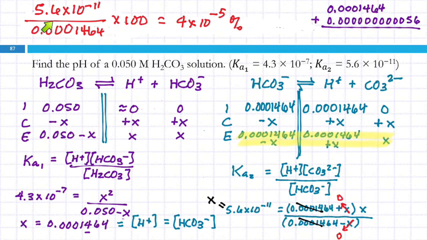Any questions about this? The X is small validation. So over here, this is just kind of proving that X is small. If we try to add X to this number, it doesn't change, does it?